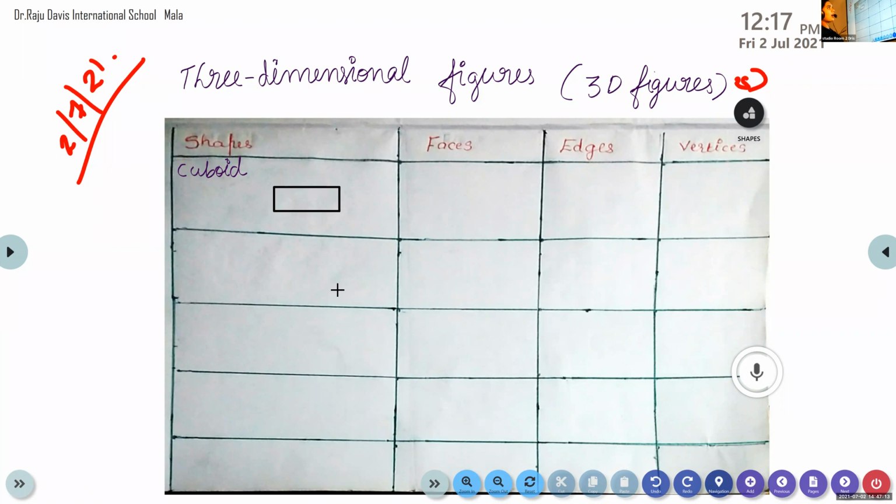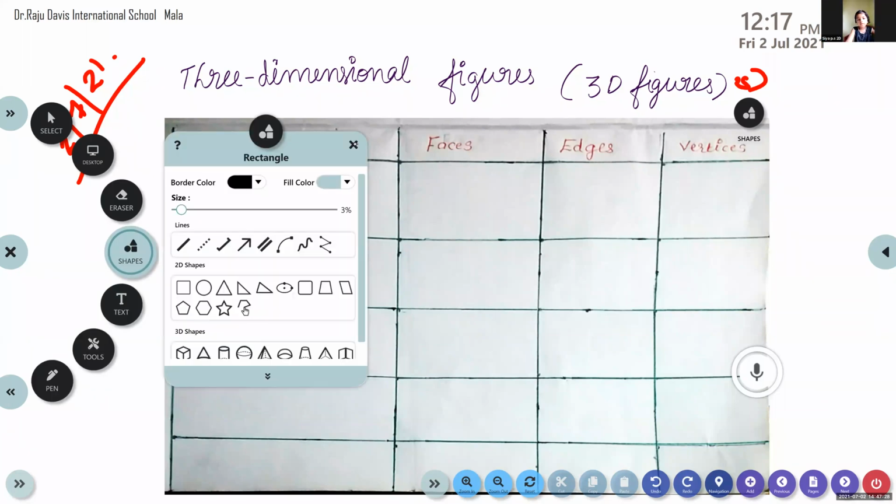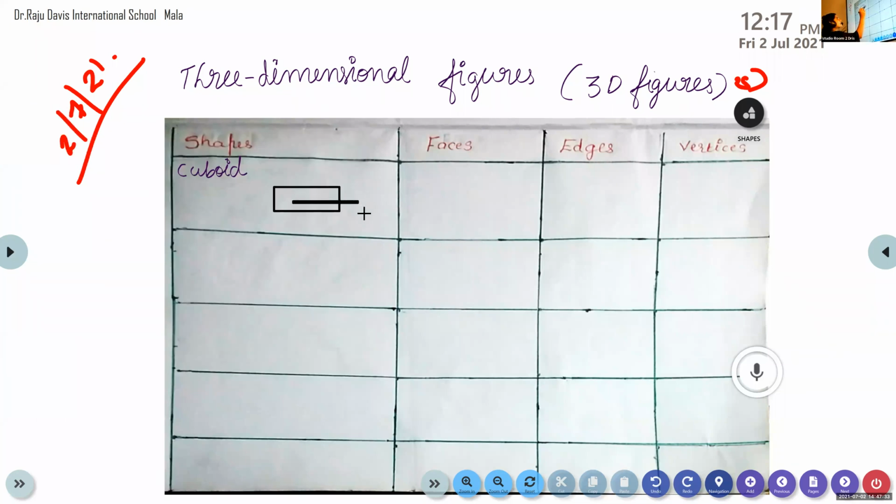You want to draw a cuboid. For that, first we draw a rectangle. After that, again, one more rectangle like this. So two rectangles you have to draw.